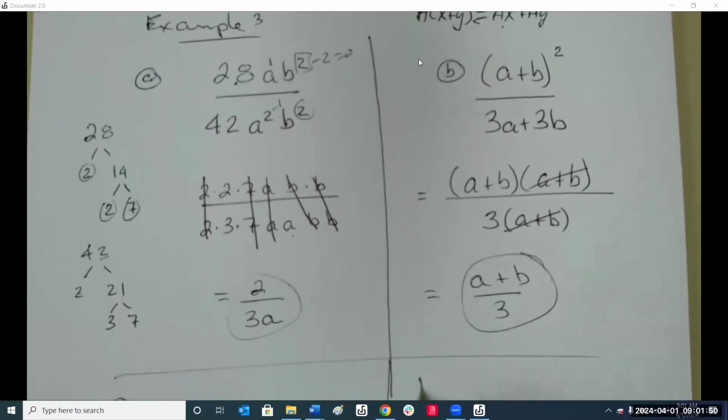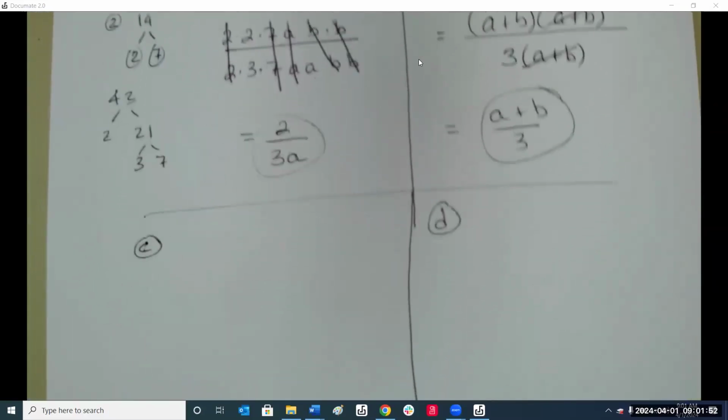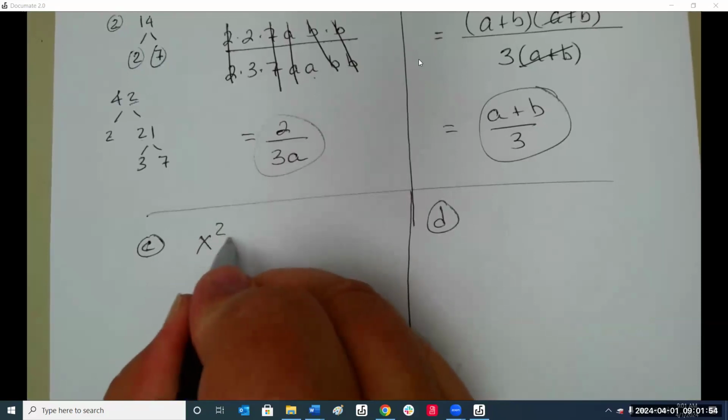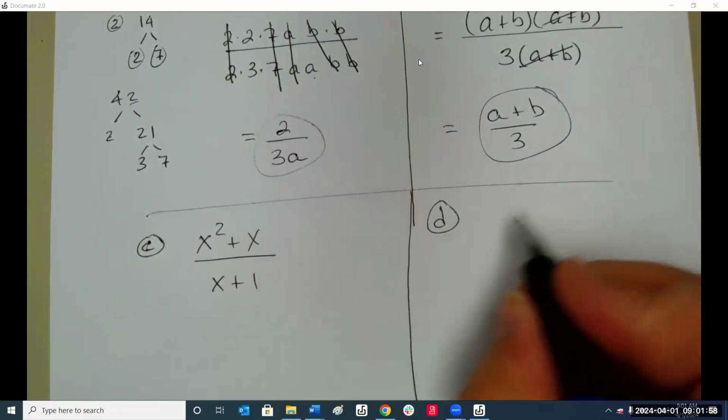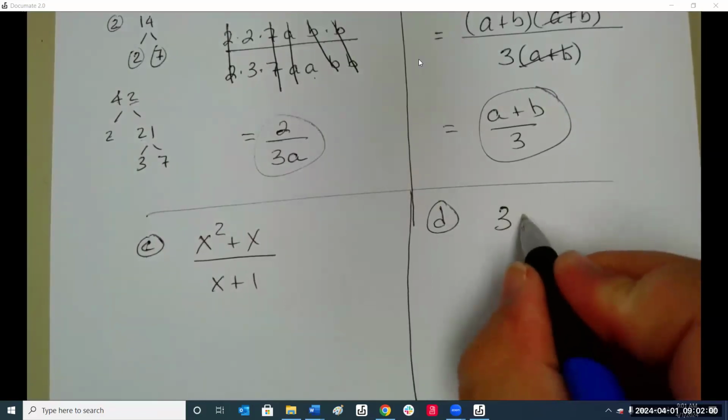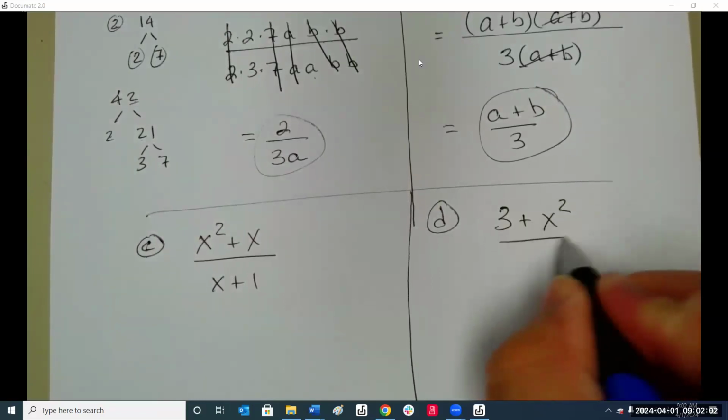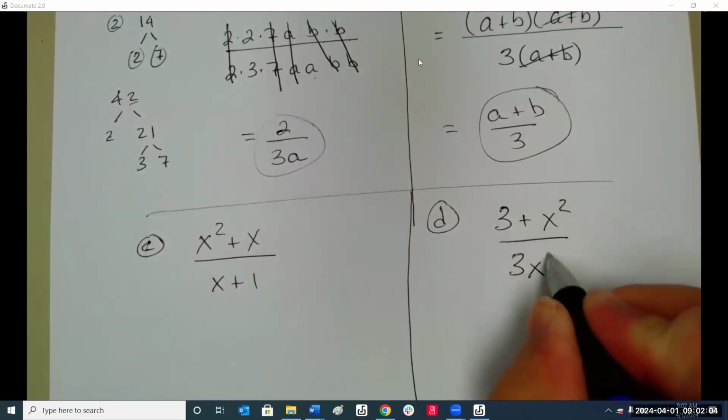All right, the next two. C, x squared plus x over x plus 1. 3 plus x squared over 3x squared.